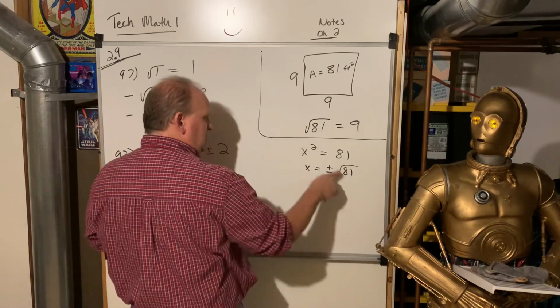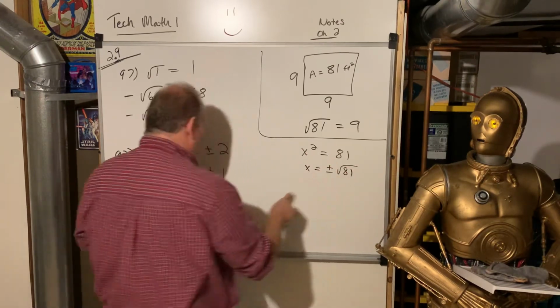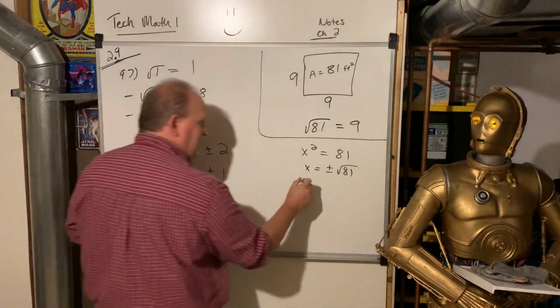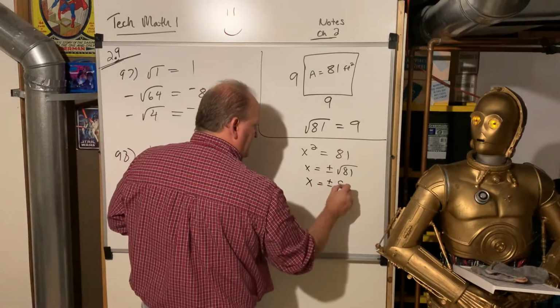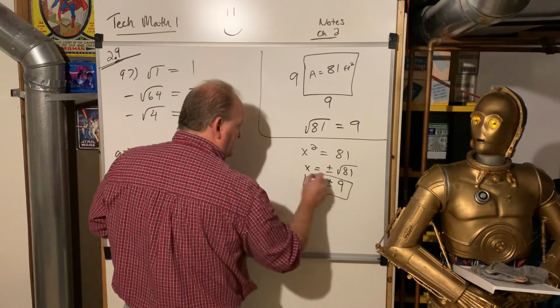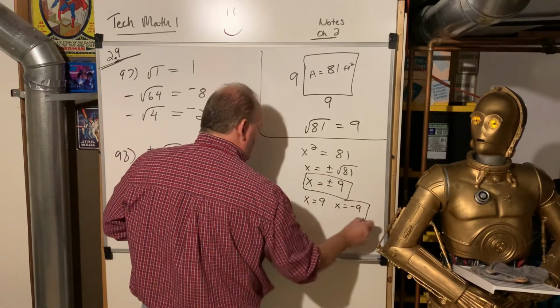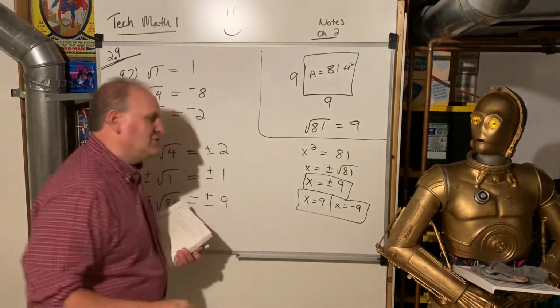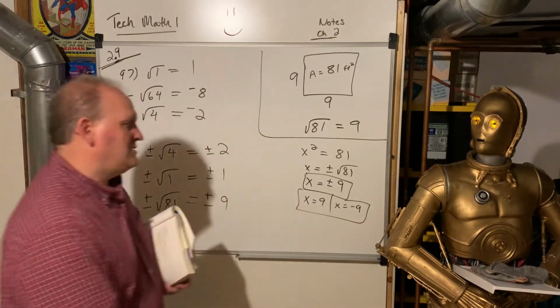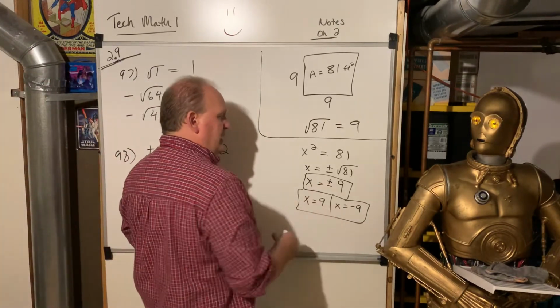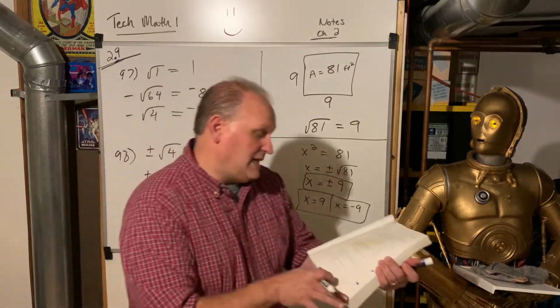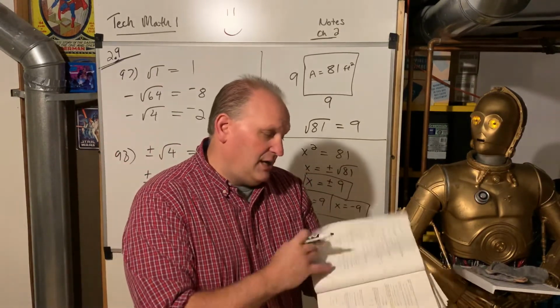So when we take the square root of both sides, we toss this symbol in front of it, plus or minus, and there are your 2 answers. X is equal to 9, X is equal to negative 9. And so that's where that plus or minus symbol comes from. It's just shorthand for, instead of writing out the answer 2 times.